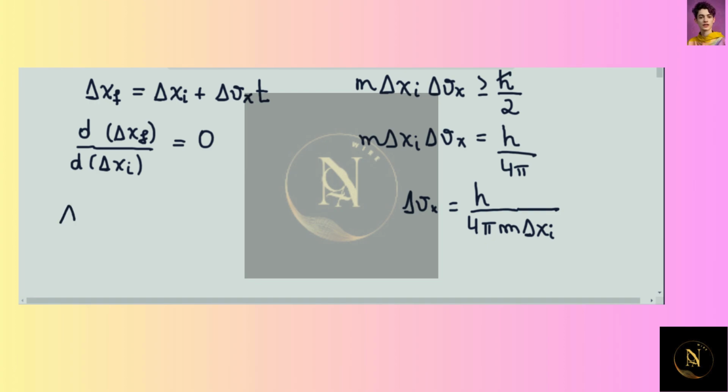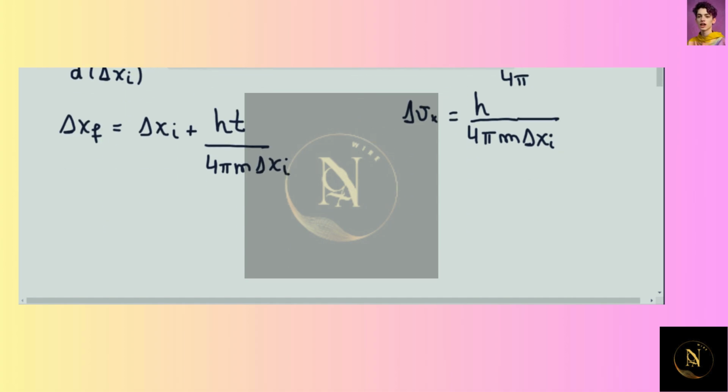So notice that delta xf is equal to delta xi plus ht divided by 4 pi m delta xi. And now we can differentiate this with respect to delta xi.